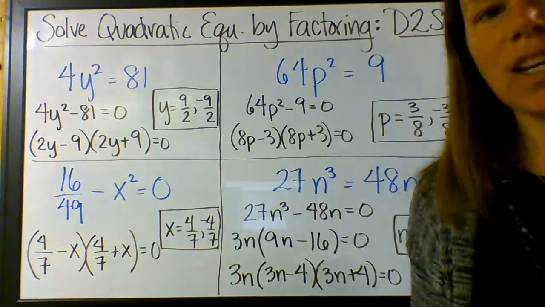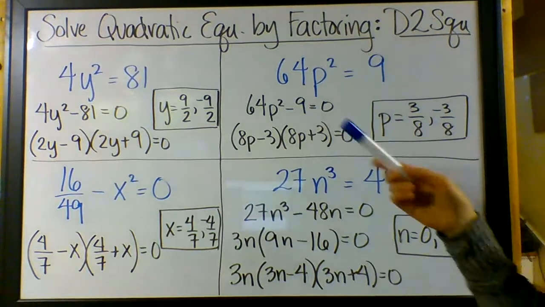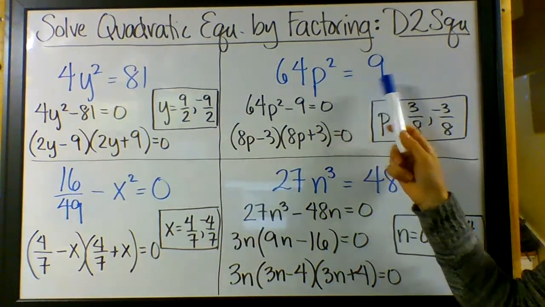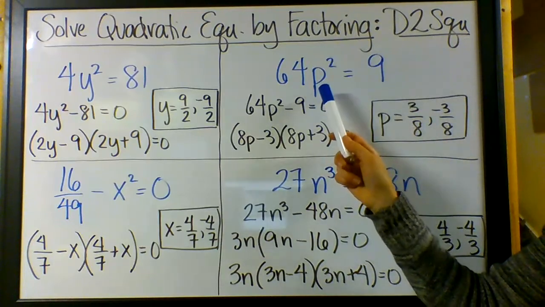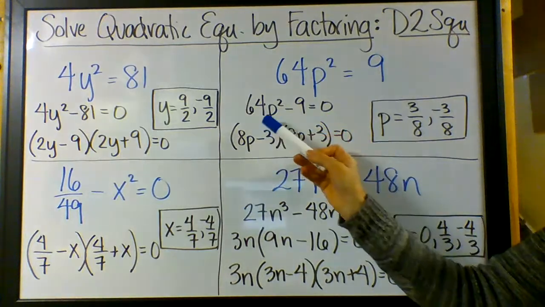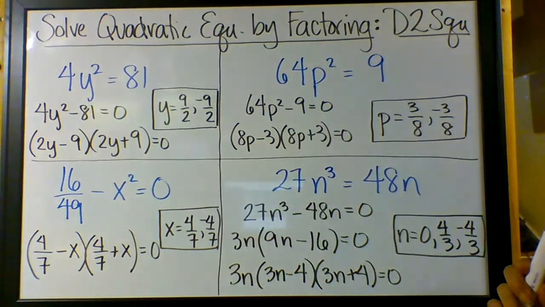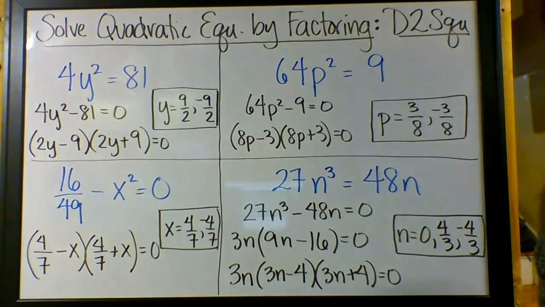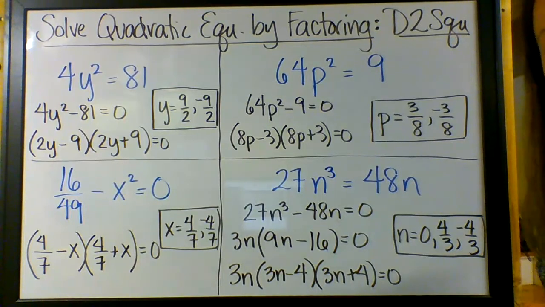All right, let's take a look over here. I've got 64p squared equals 9. Again, move everything to the left so that it equals 0. That's what I have right here: 64p squared minus 9 equals 0. Again, I see perfect square minus perfect square. What is the name of that again? Difference of two squares.